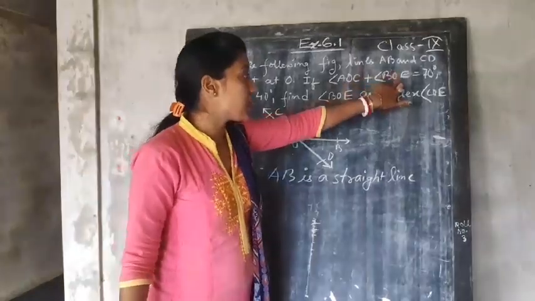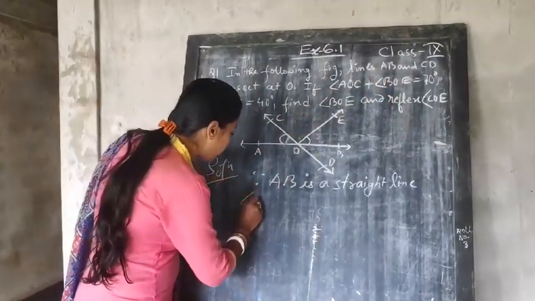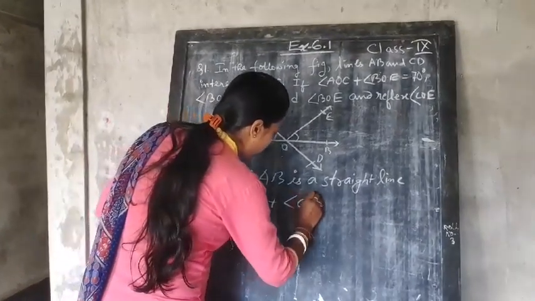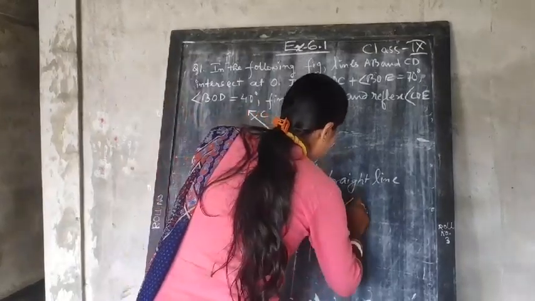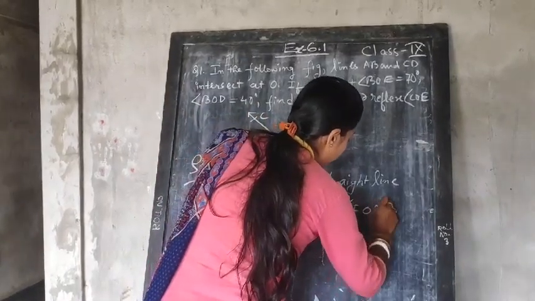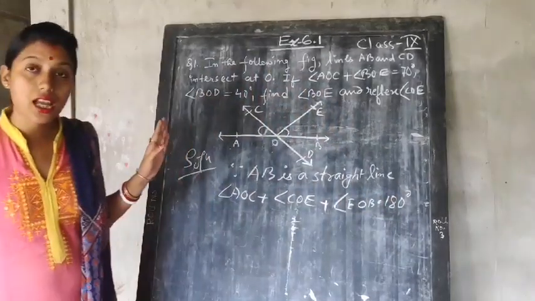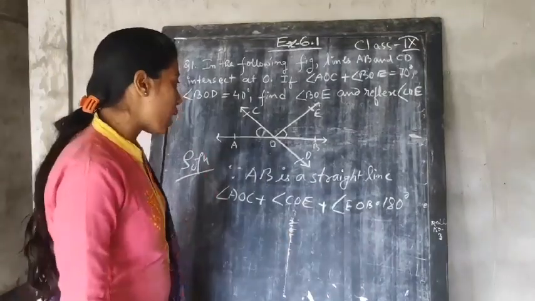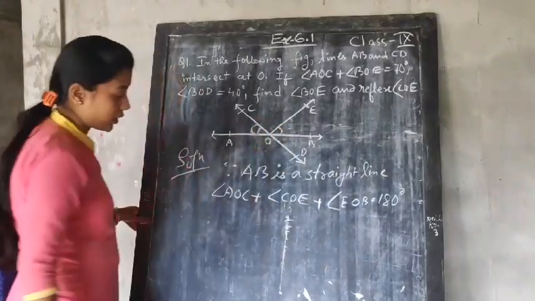Angle AOC plus angle BOE is given to you. So angle AOC plus angle COE plus angle EOB equals 180 degrees we can write. As I told you last time, the sum of adjacent angles is equal to 180 degrees.